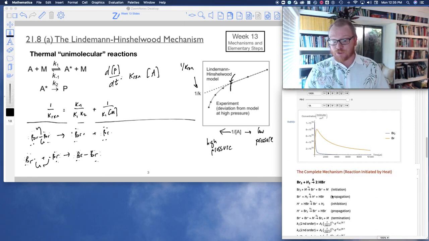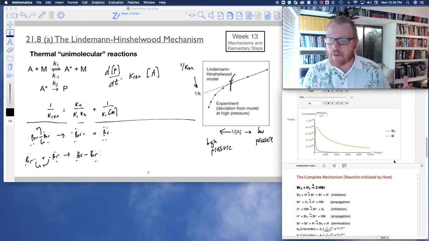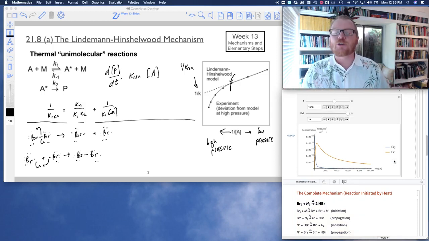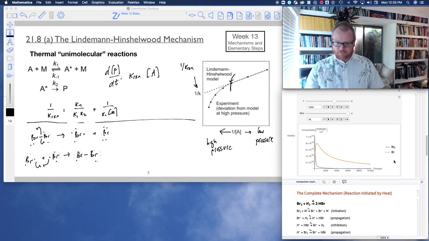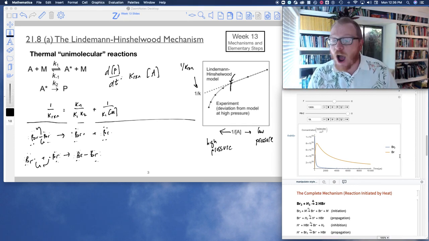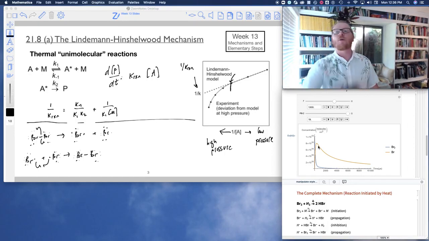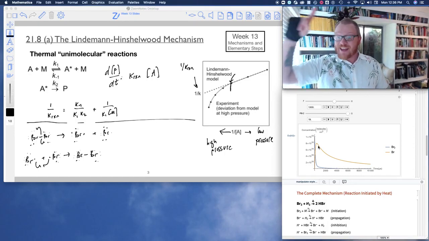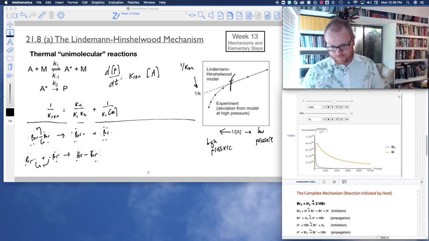for example, suppose I want to do the reaction Br2 plus H2. I would get more efficient chemistry out of this by using a non-reactive third body, because now my bromine radical is not getting recycled back to Br2. It's free to now be a part of a more complex mechanism.